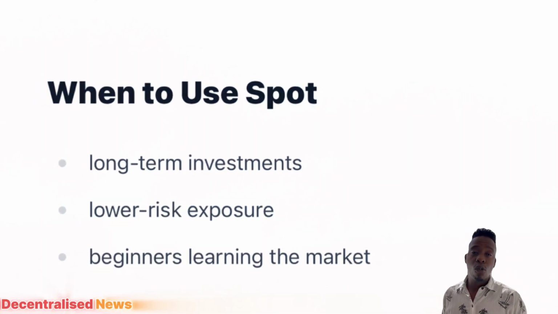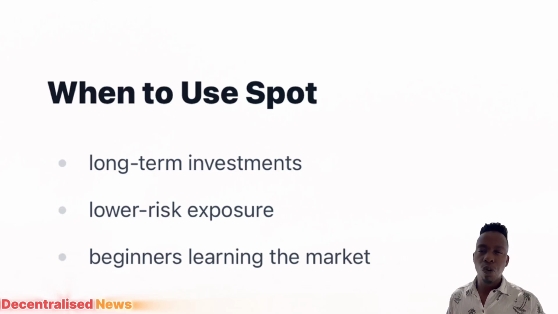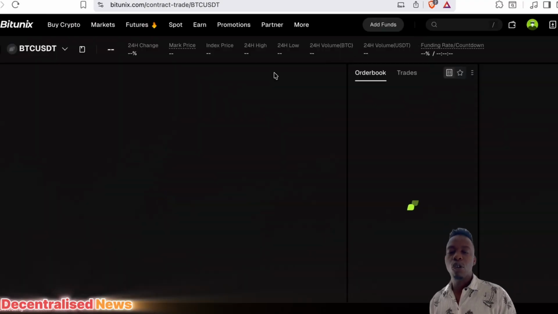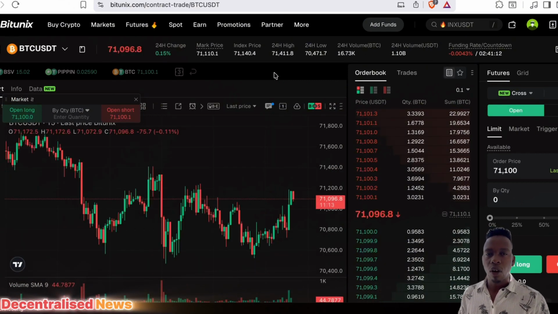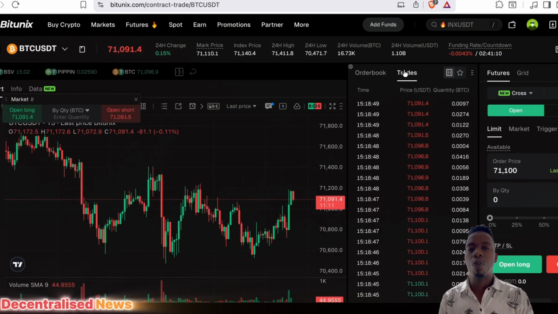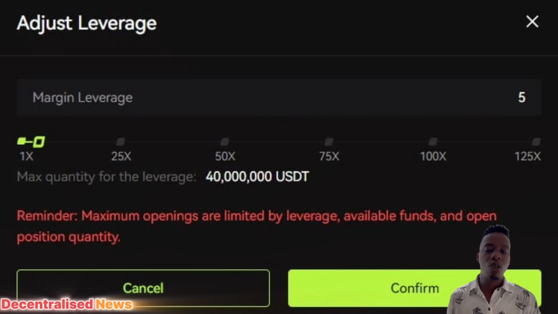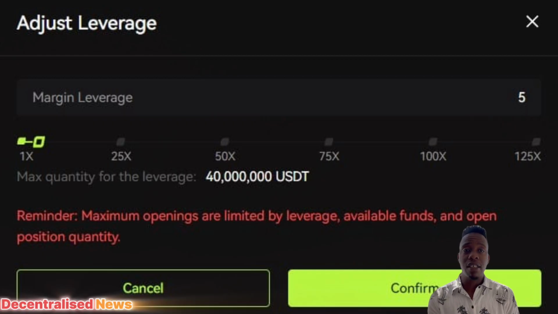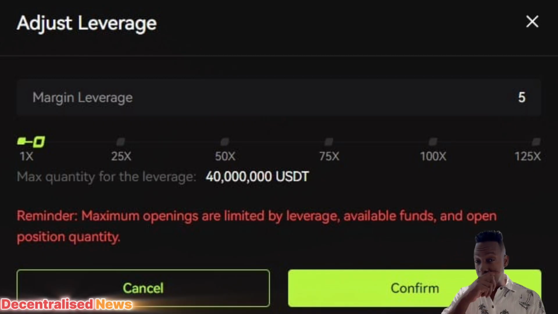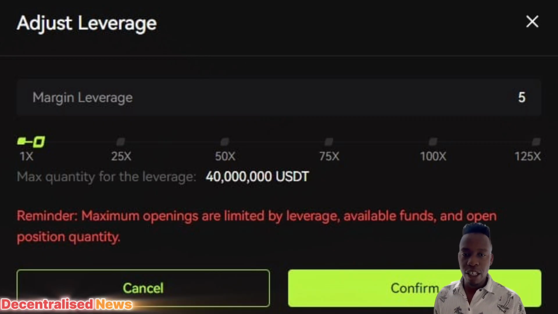Step number 4, if you want to get into the more advanced layer, you can start exploring futures trading. Futures allow short and long positions, leverage usage, and profiting from volatility. Leverage allows you to control larger positions with less capital, but this is susceptible to liquidations, where your position is closed automatically when losses exceed your margin.